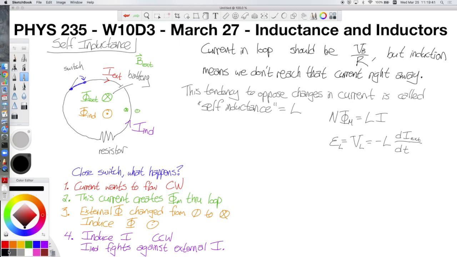So we can now kind of get an idea of what an inductor actually does. So if we have an inductor and we have current flowing through it in some particular direction, say the current is flowing through this way to the right, then what will this inductor do?